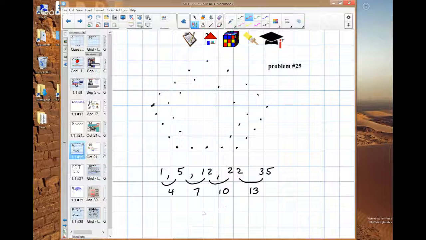Well, it's not immediately obvious. So I do the method of differences and I find out from 1 to 5 is 4. From 5 to 12 is 7. 10, 13. Okay, that changes. But look at now. You notice how every one of those goes up by 3? So we go one more level, then it looks like this.